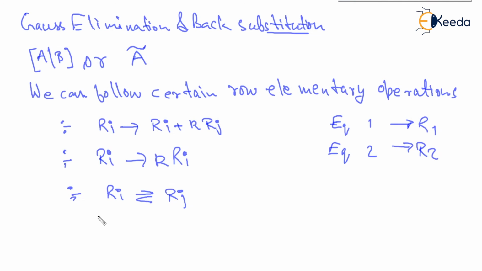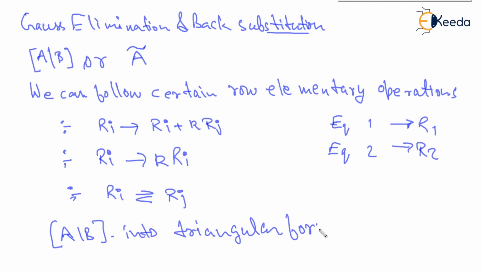So all these operations can be done so that we can transform the A augmented B into a triangular form, and then starting from the last row, we can start finding the unknowns, and back substitution will help you find all the unknowns, right?